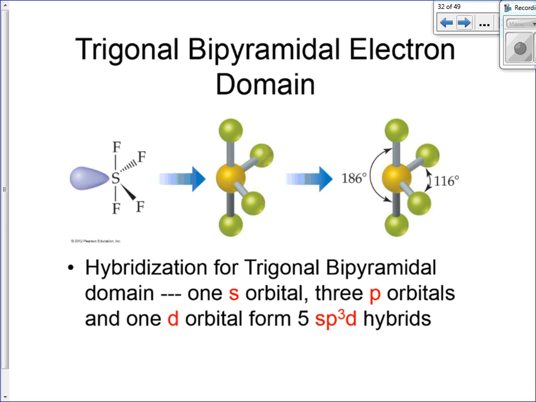Hybridization, 1s, 3 p's, and 1d now, all coming together. So here is your bipyramidal, and it actually forms 2 pyramids. 1 pyramid on the top, and then you flip it over, 1 pyramid on the bottom. So that's why they call it a bipyramidal shape. Pyramid on top, pyramid on the bottom.